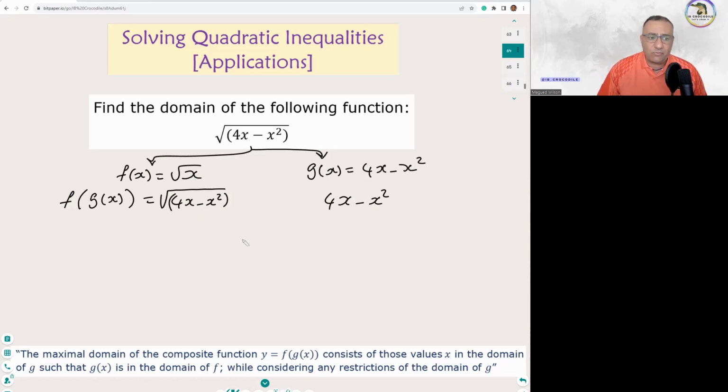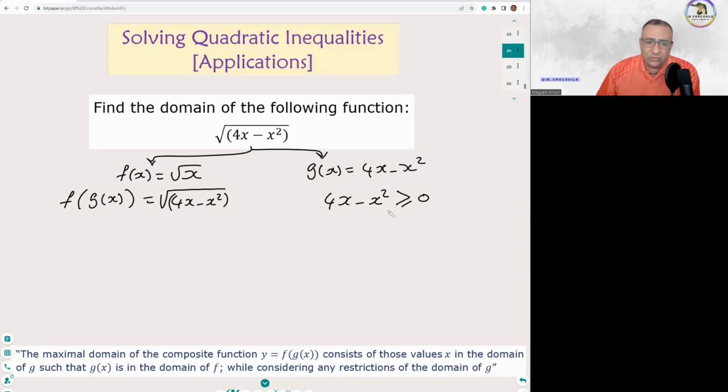In this case, I'm going to say 4x minus x squared is bigger than or equal to 0, to honor the domain of the square root of x. Here you can see a quadratic inequality is being created. That's why we need to be very good at solving quadratic inequalities.